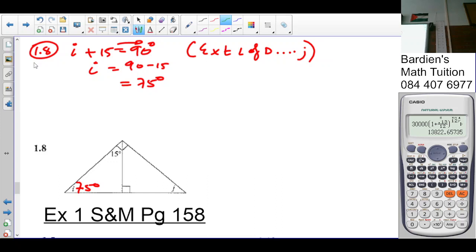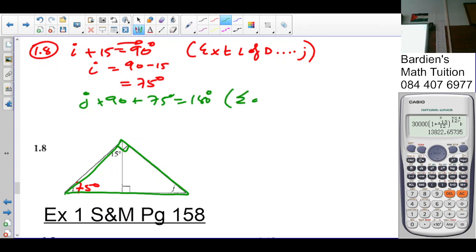There we go, 75 plus J plus 90. Do you remember that's 90? So J plus 90 plus 75 equals 180. Why? Sum of triangle. So J is 180 minus 90 minus 75, which is 15 degrees.